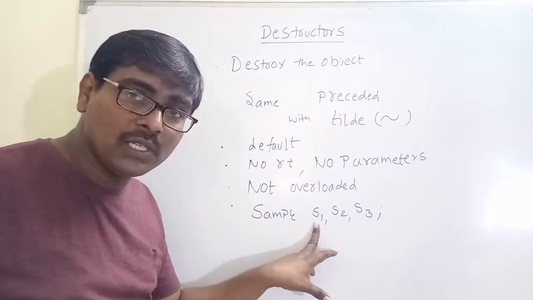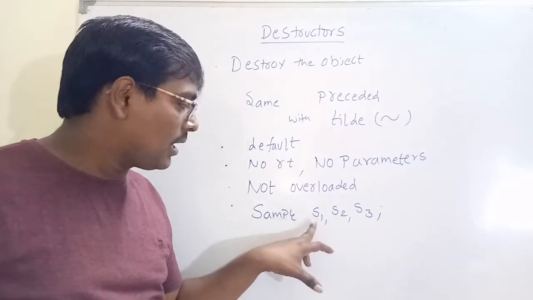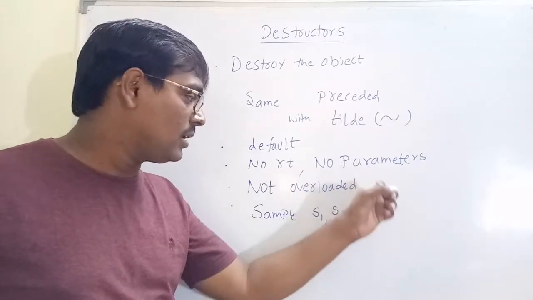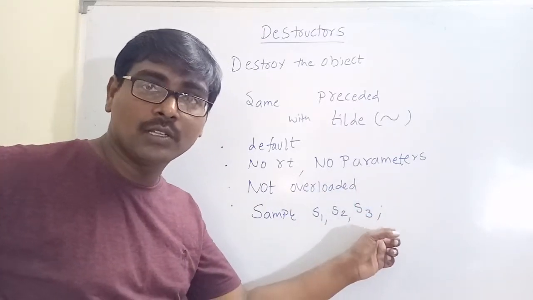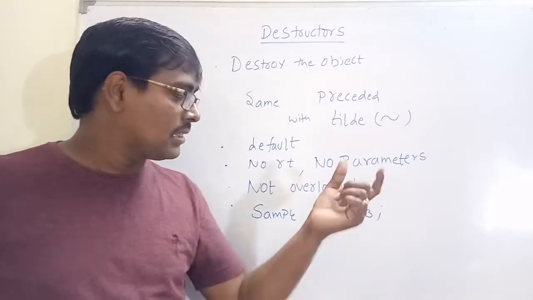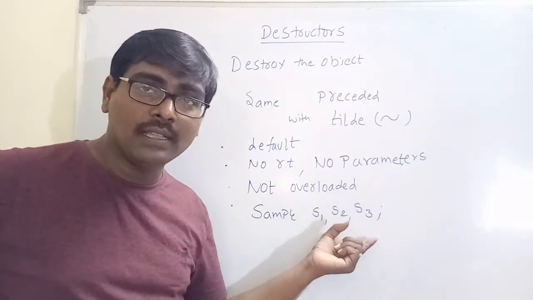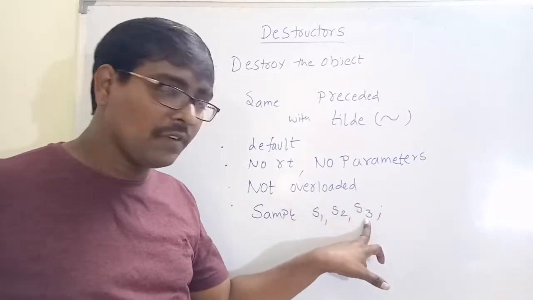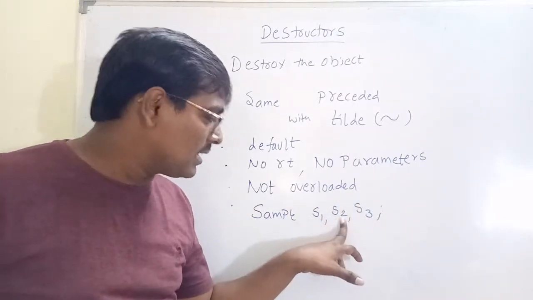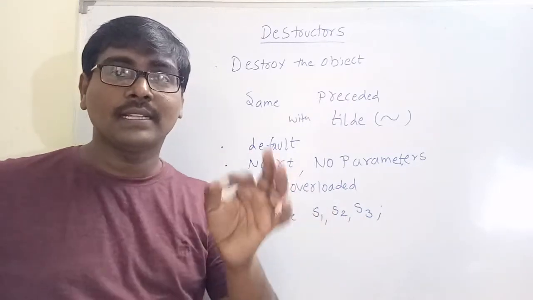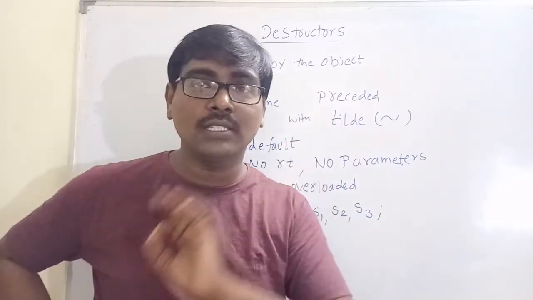So first object S1 is created, the constructor for S1 is called, and then S2, and then S3. But in the destructor, the objects are called in the reverse order. That means first destructor for S3 is called, then S2, and then S1. Okay? Exactly, constructor and destructors are in reverse fashion.